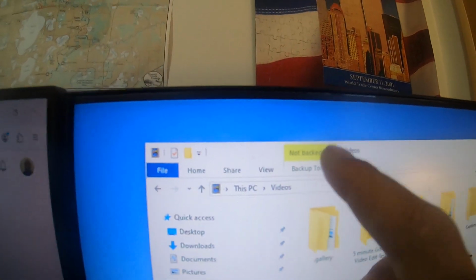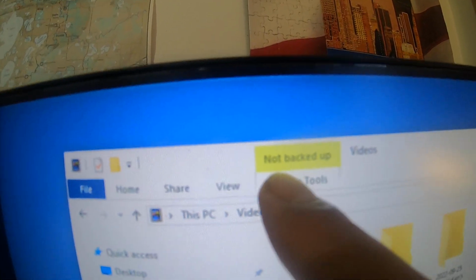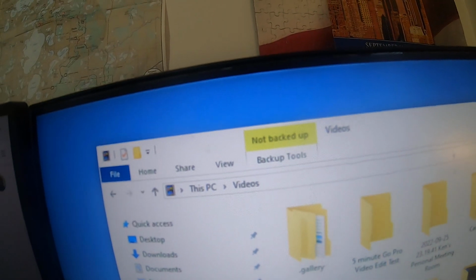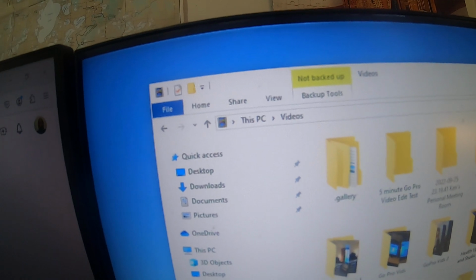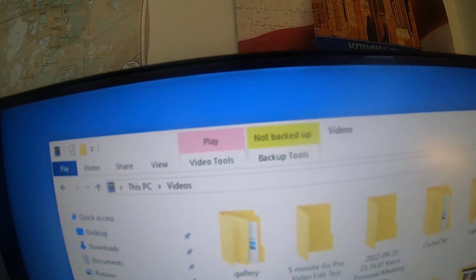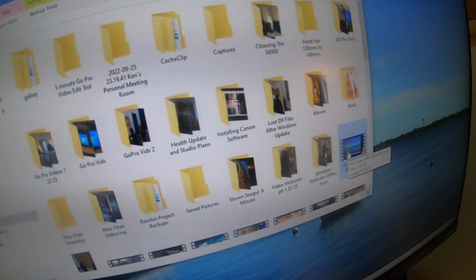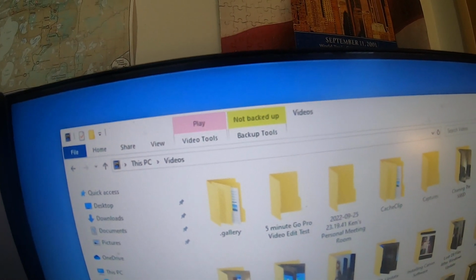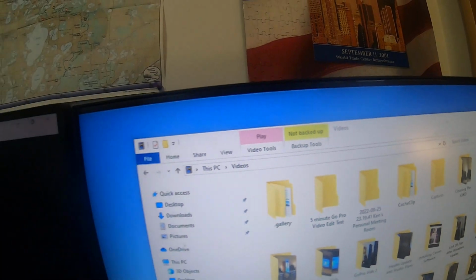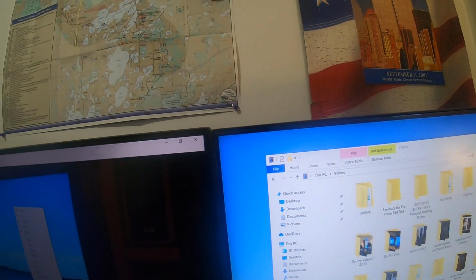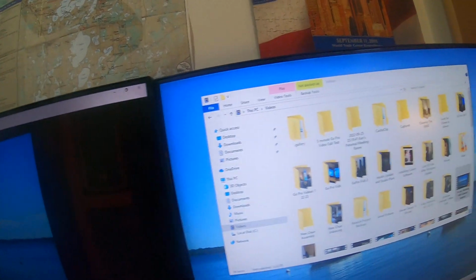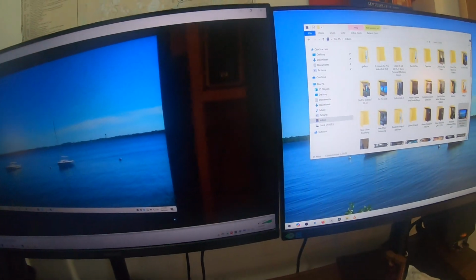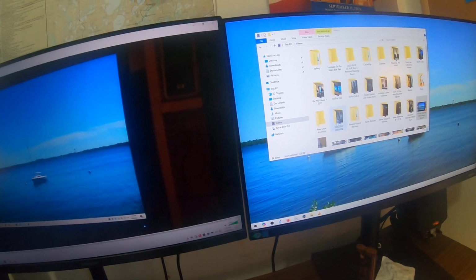See this up here? See that there? If I go and click on one of these, like that one for example, watch what happens. Hello, that shows up. So yeah, I don't know why it's doing that.